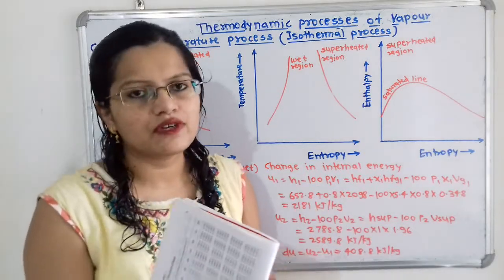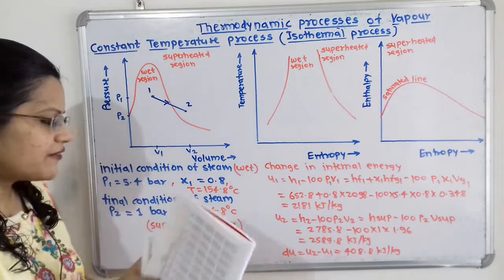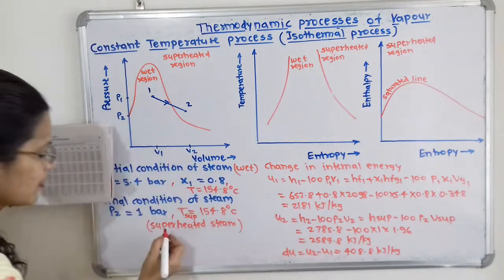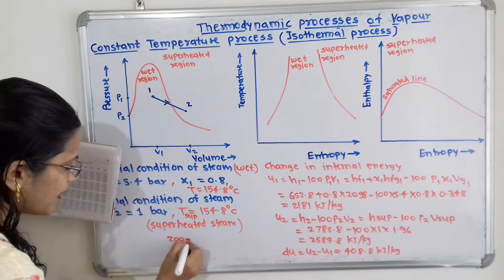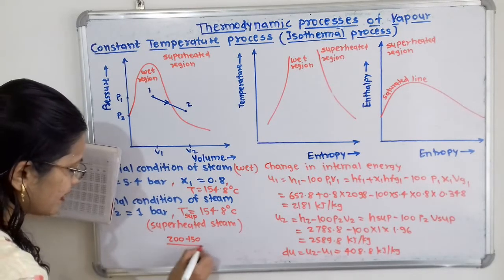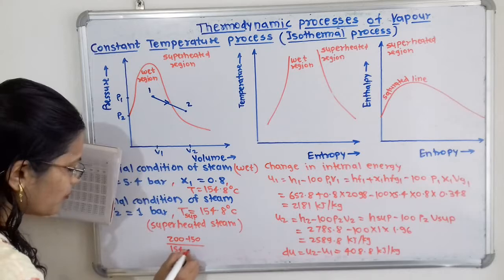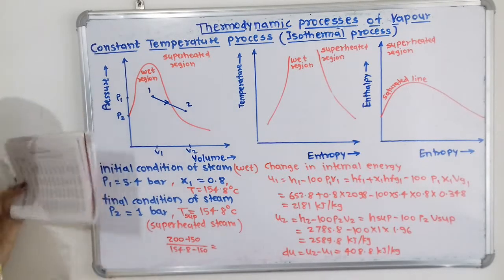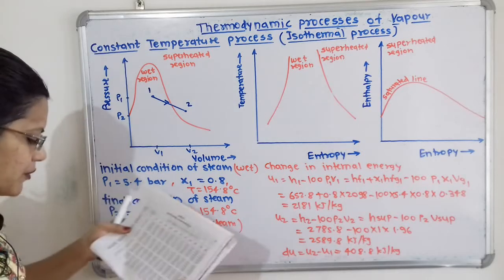So how to calculate here? So we have to take the difference between temperatures. That is, I will take here 200 minus 150 divided by 154.8 minus 150, which is equal to, now we have to take enthalpy of 200.